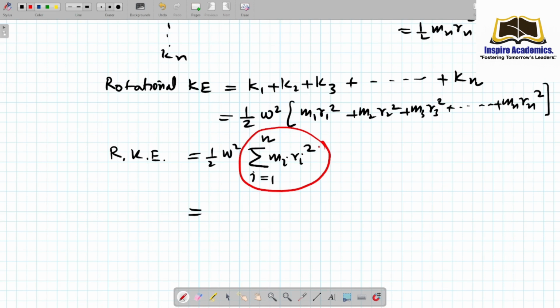Moment of inertia. So it is half I omega square, and I explained earlier that I is nothing but the moment of inertia.